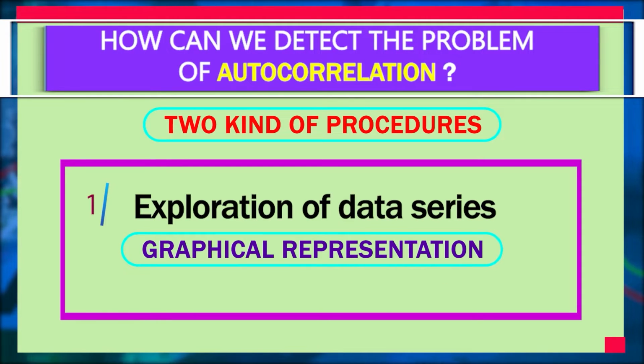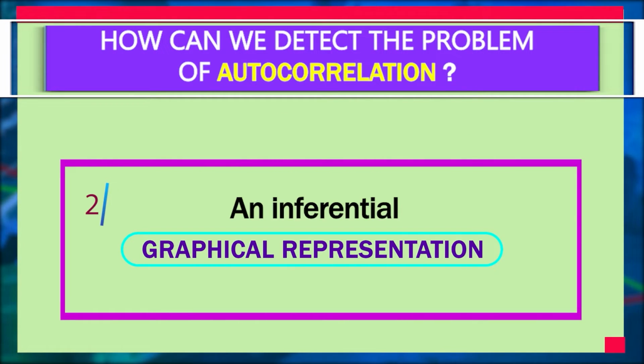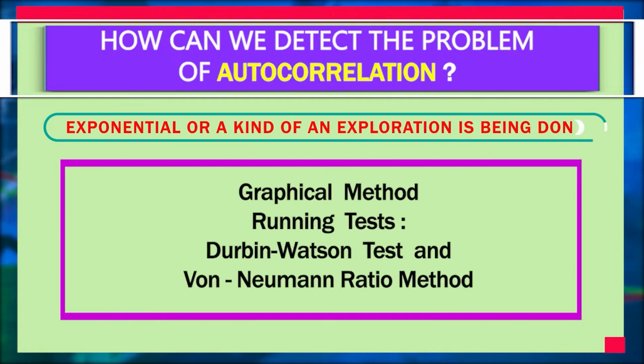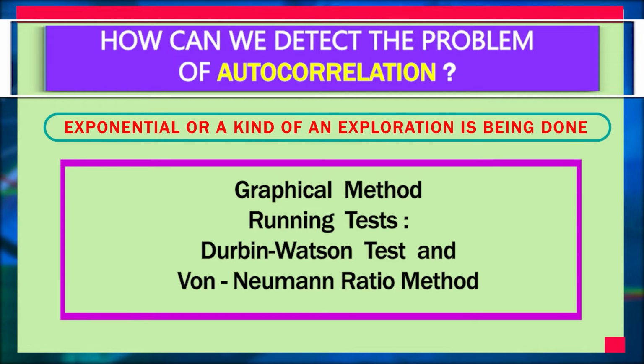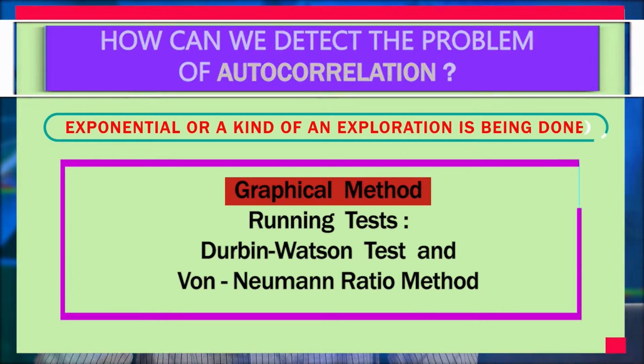First, an exploration of the data series, which calls for a graphical representation, or an inferential approach, which calls for testing. When we go for exploration, we use a graphical method of detecting the problem, but there needs to be a confirmatory test, and for that we need to run the test for autocorrelation.